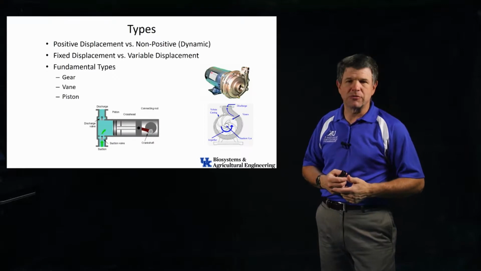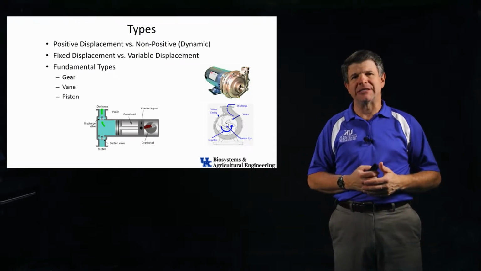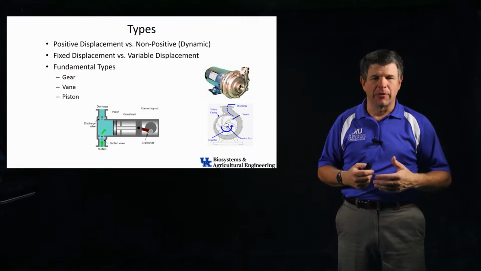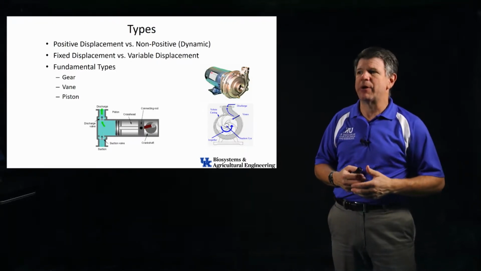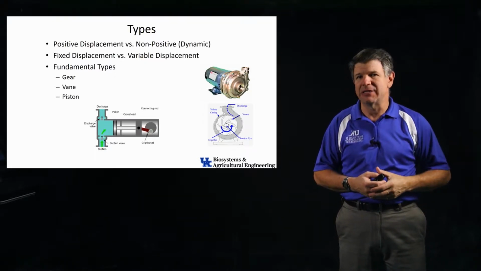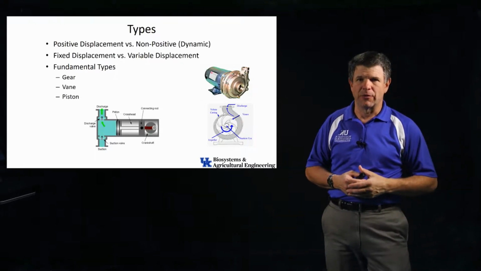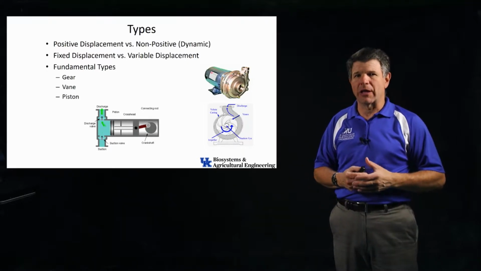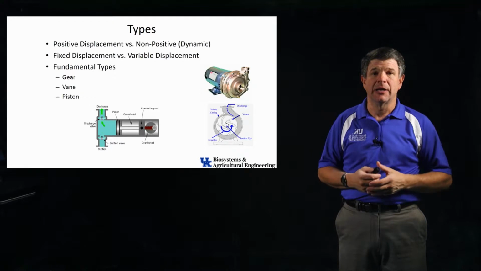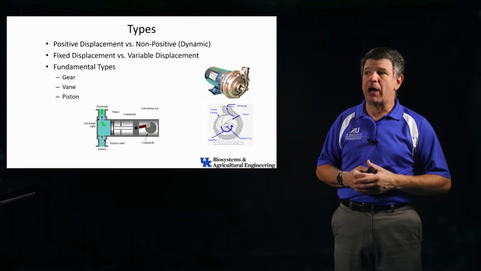Non-positive is like your centrifugal pumps, and you've probably looked at these in some other courses, or if you haven't had those courses yet, you probably will. The speed of the pump, how fast it goes, is going to determine how much head it generates, and so forth. So most of the fluid power systems, and certainly at the level that we're going to be looking at, we're going to stay exclusively to positive displacement pumps.